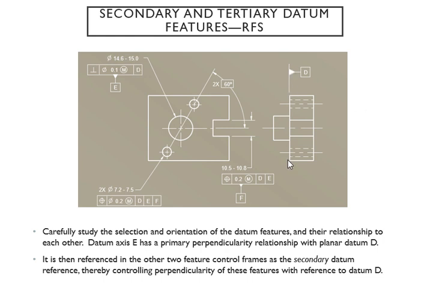So there's got to be this surface and that surface, or you can also go with this and that, by the way. It depends on how this example is going to do it. And then of course you have your datum axis E, which is right here. There's a little partial hole right there, okay?